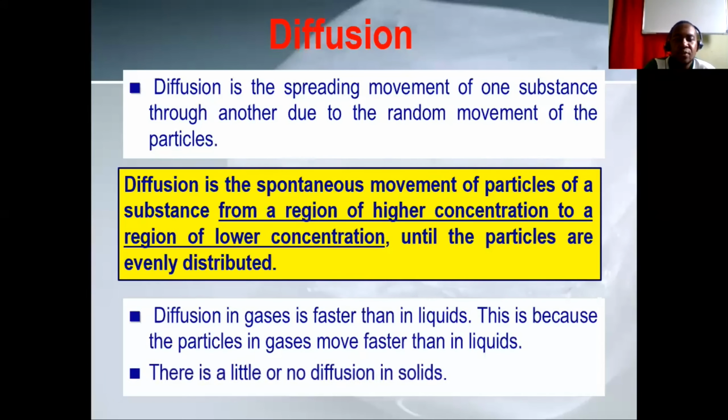All right, so we know diffusion in gases is faster than in liquids. And why do you think that's the case? It's because the particles in gas move faster than in liquids, because gases have more space between the particles so they can move freely. There is little or no diffusion in solids.